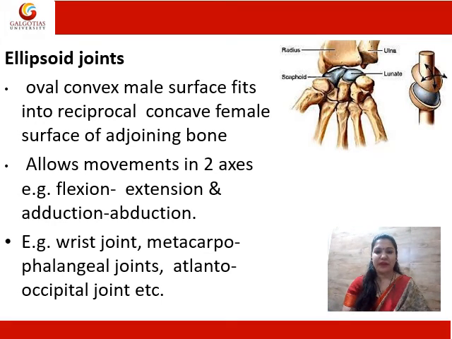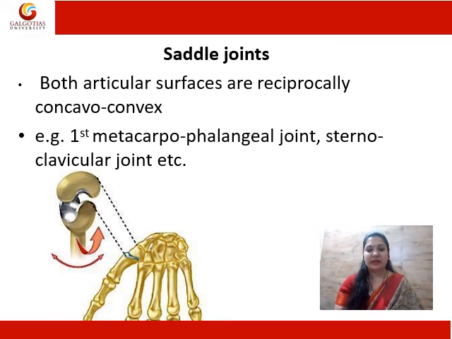An oval male surface fits into a reciprocal concave female surface of the adjacent bone, allowing movement in two axes. The wrist joint, metacarpophalangeal joint and atlanto-occipital joint are examples. Next is the saddle joint. Both articular surfaces are reciprocally concave and convex, and the first carpometacarpal joint and sternoclavicular joint are examples.